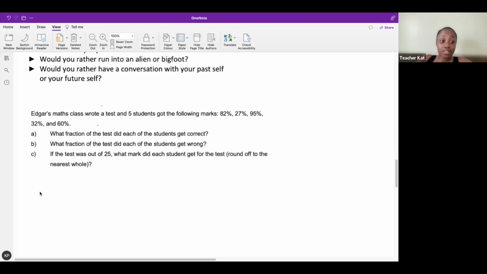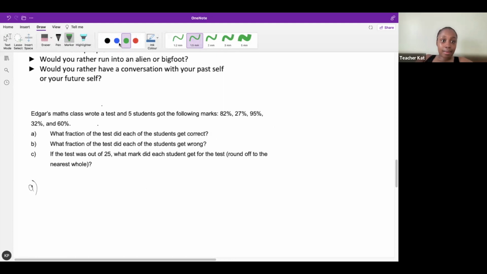That's interesting, right? So I'm going to do this. I'm going to number them: student 1, student 2, 3, 4, and 5. Okay, so student 1 got 82%, but that's not a fraction. What is 82% as a fraction, guys? 82%.